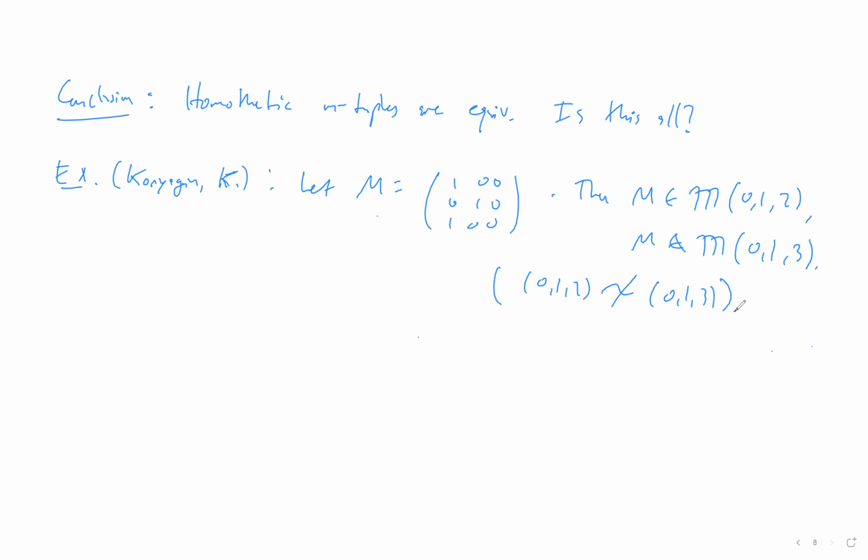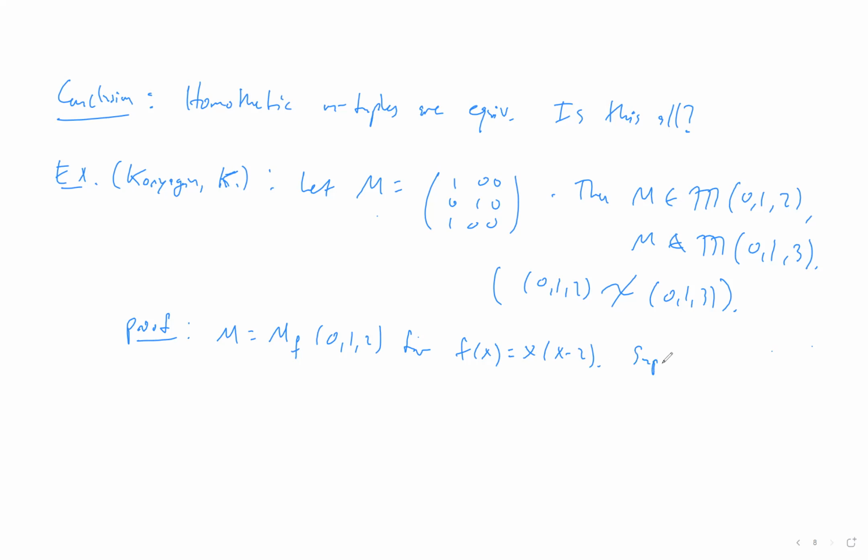So what is the example? I guess I'll write proof, even though it's a little strange. M is equal to MF of 0, 1, 2 for f of x equal to x times x minus 2. You can just do this by computation. Now I want to show that M is not mg of 0, 1, 3 for any g.